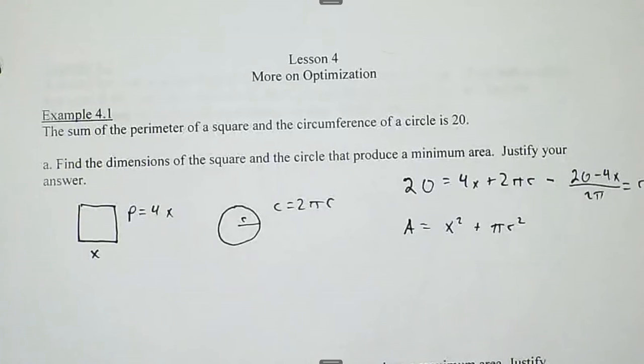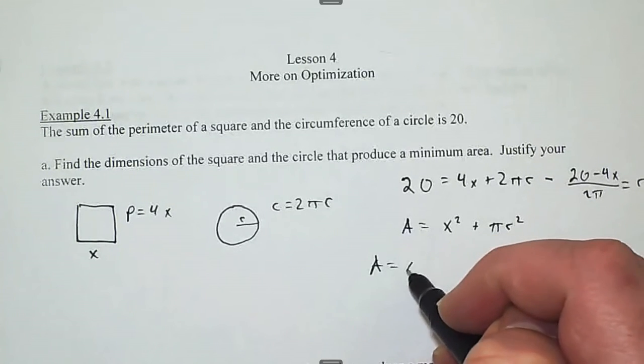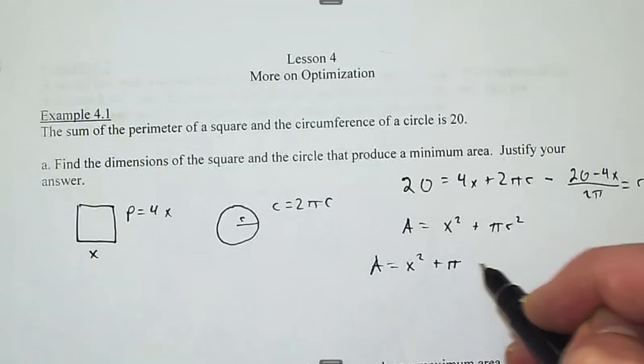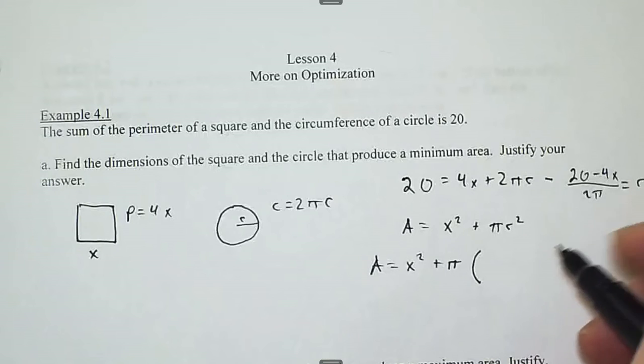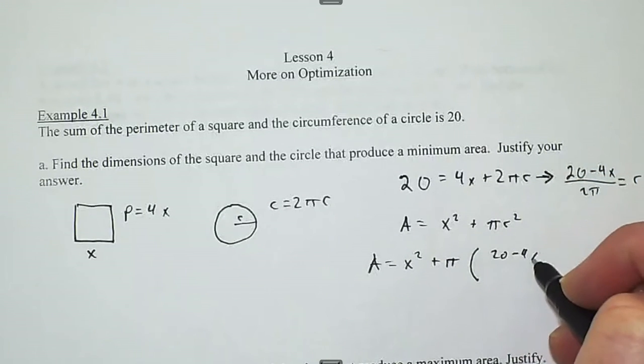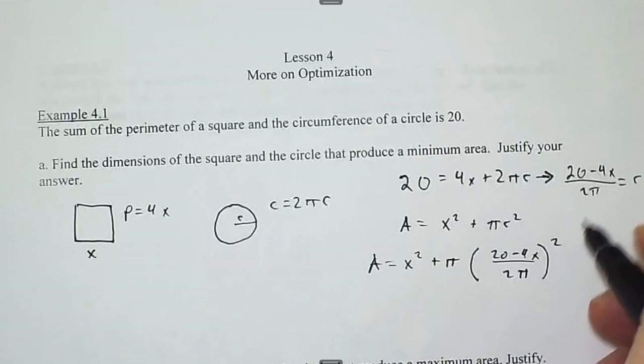All right, we will now replace r in the other equation. So x squared plus pi times (20 minus 4x) all over 2 pi, squared.